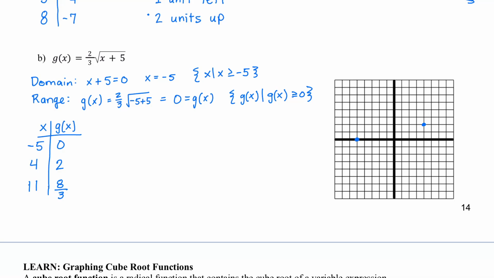Now, 11 and 8/3 doesn't quite fit on our graph, but we know it's a little bit higher than 2 and quite a bit further away from 11, so we're going to have a smooth curve here that connects our two dots and still continues to gradually go upward.